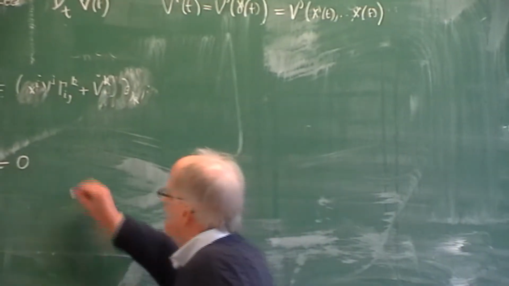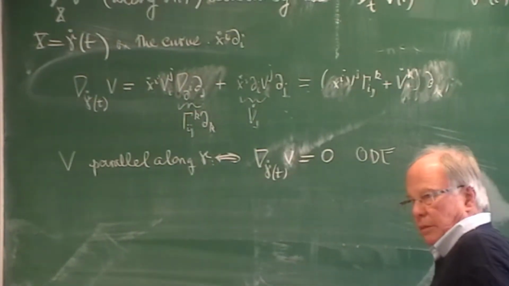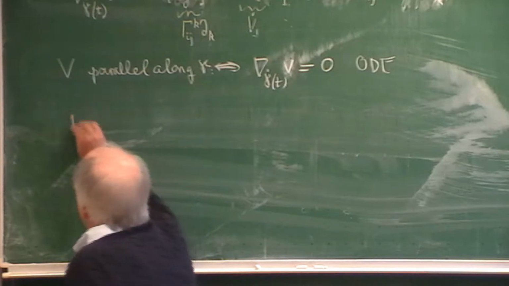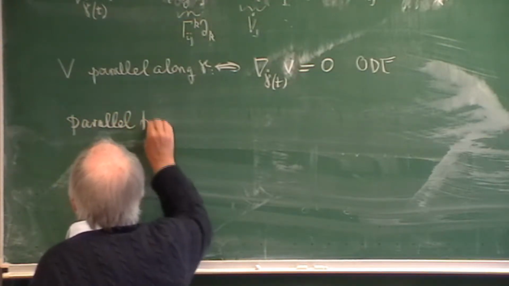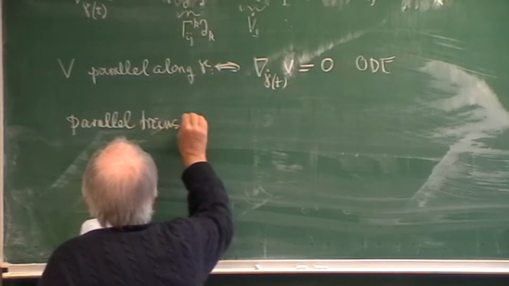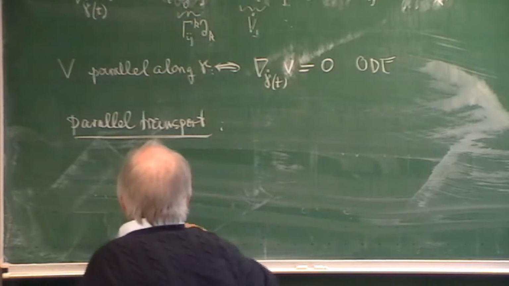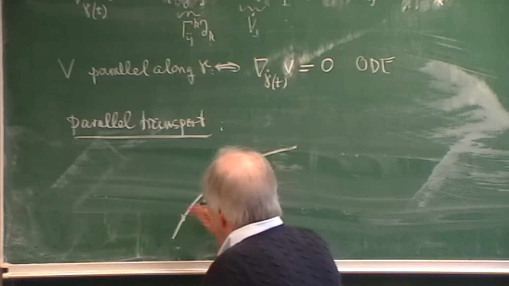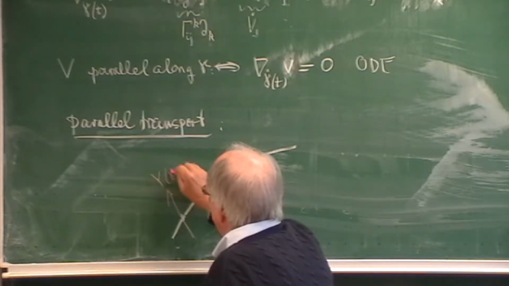So, as you see, this is an ordinary differential equation. Right? And so we talk about parallel transport. As this, you prescribe at the beginning point, or some point, doesn't matter, beginning point, y and gamma of A, that's prescribed.